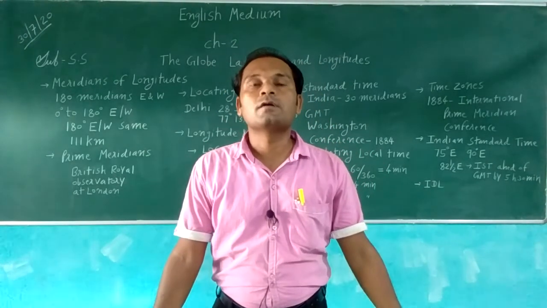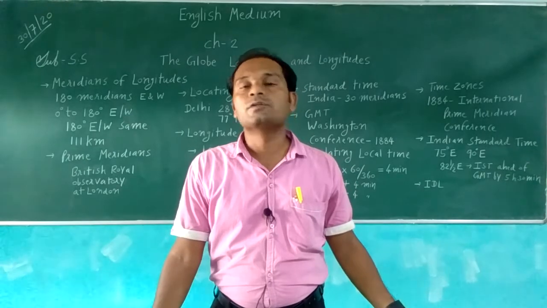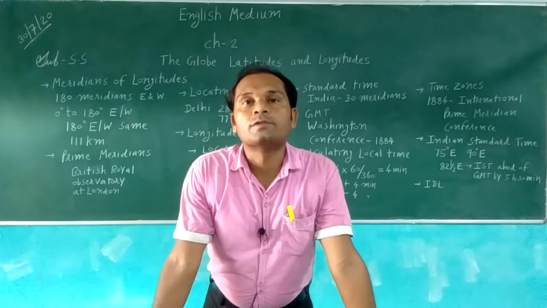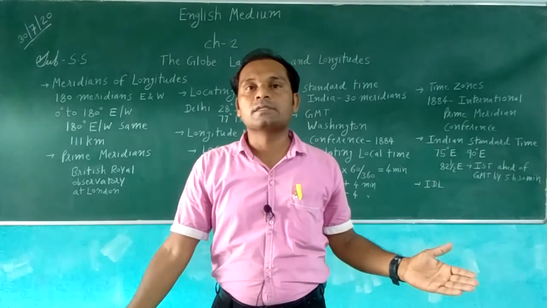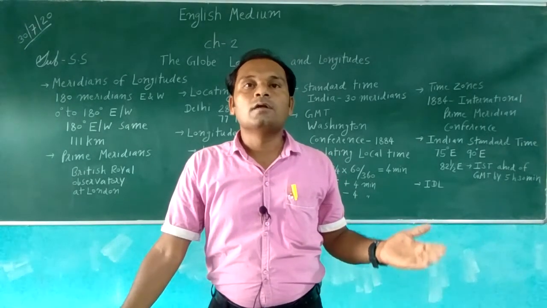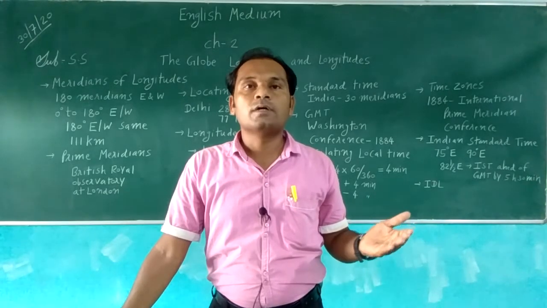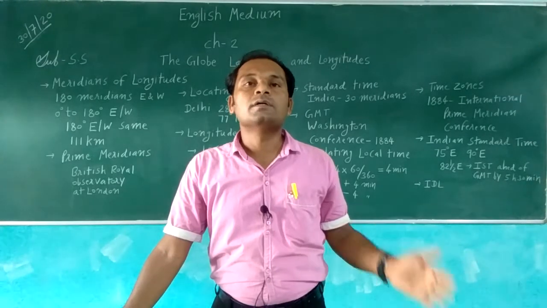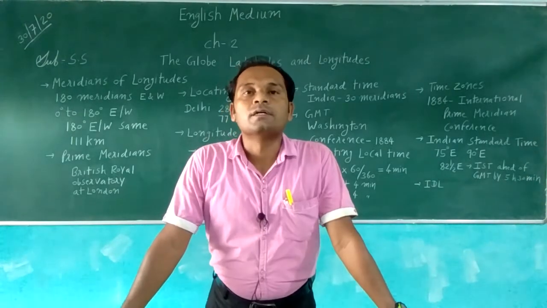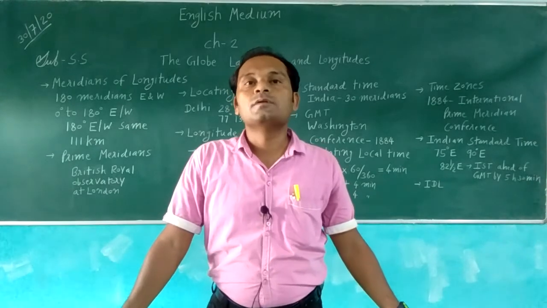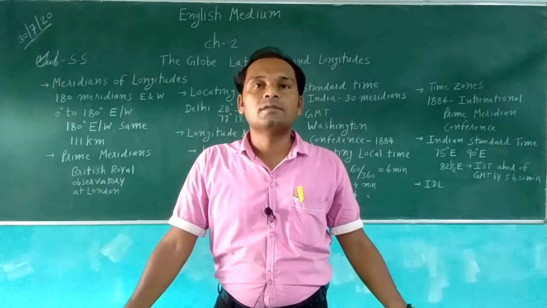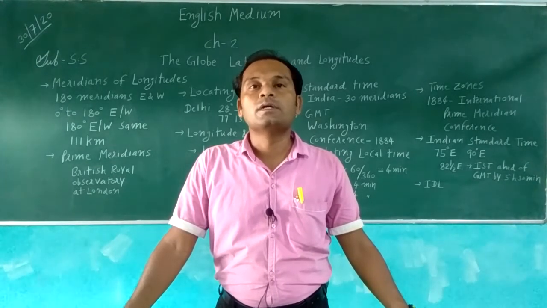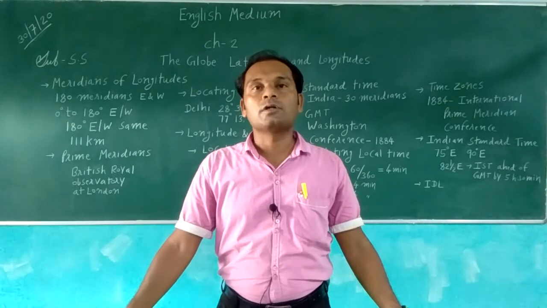I taught you the grid system and its components, the axis, equator, longitudes, latitudes, and many other things. Then I taught about time, the Tropic of Cancer, the Tropic of Capricorn, some time zones, and the heat zones: the torrid zone, temperate zone, and frigid zone.